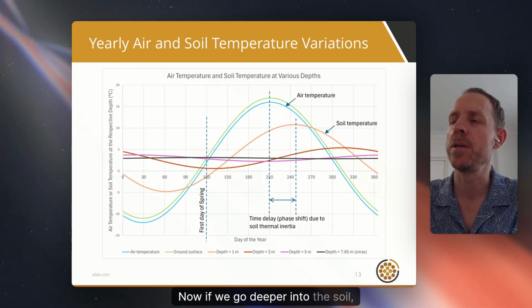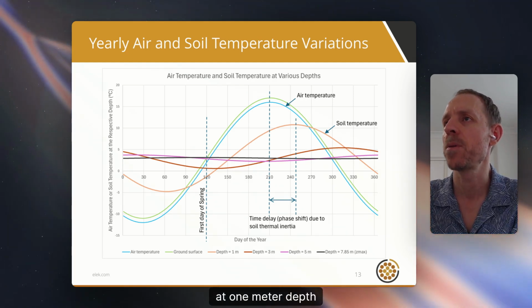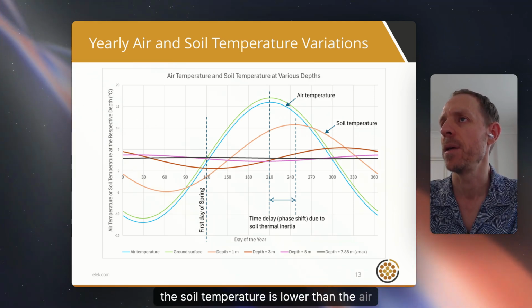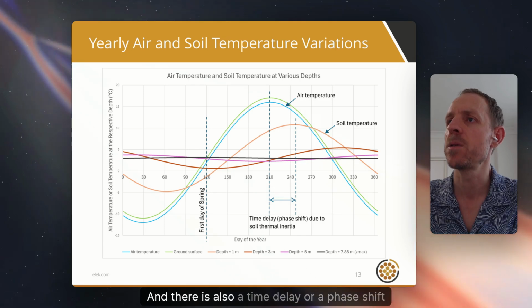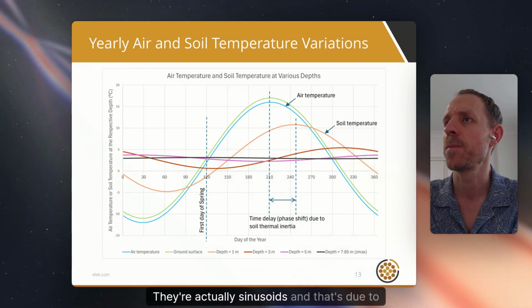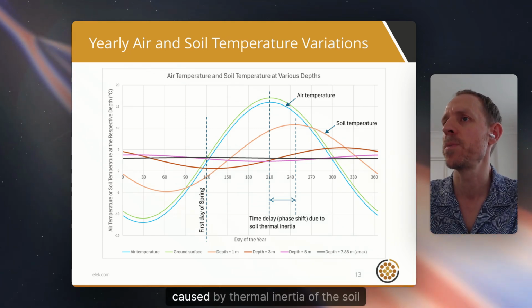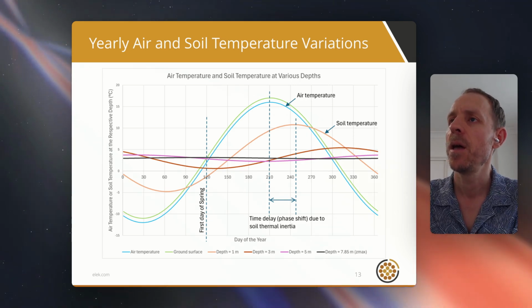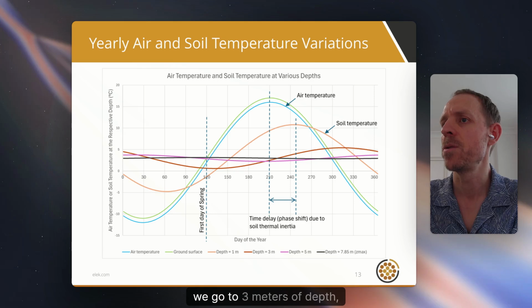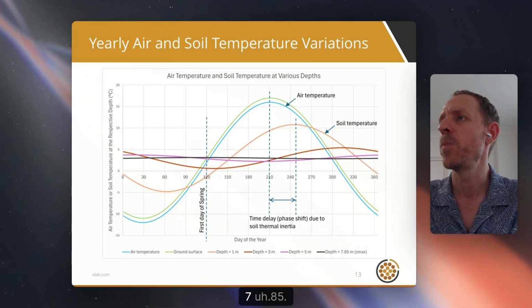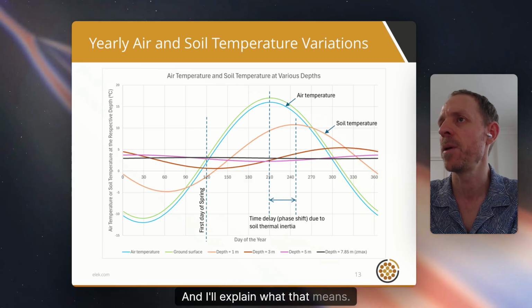Now, if we go deeper into the soil at 1 meter depth, the soil temperature is lower than the air temperature, and there is also a time delay or a phase shift between the two temperature curves. They're actually sinusoids, and that's caused by the thermal inertia of the soil, this time delay. Now, as we go deeper, we go to 3 meters of depth, 5 meters of depth, and then 7.85, and I'll explain what that means.